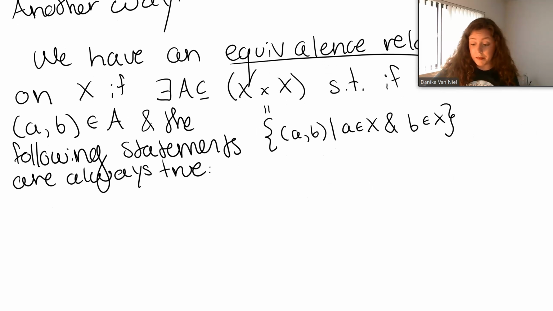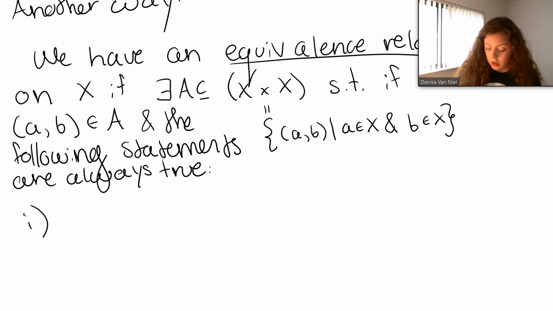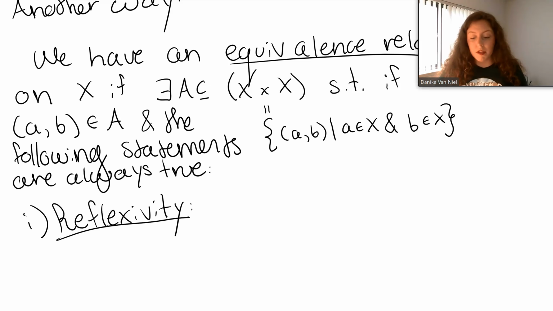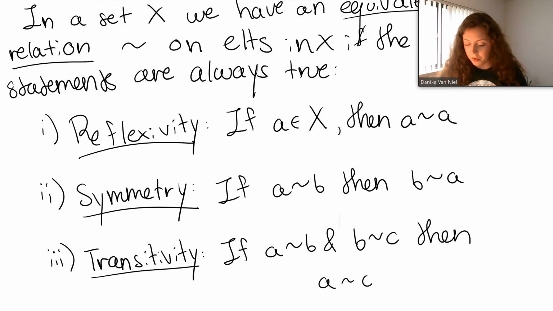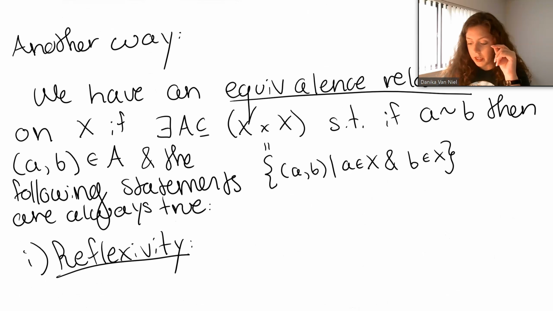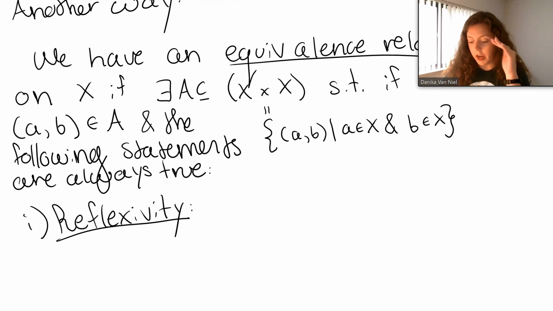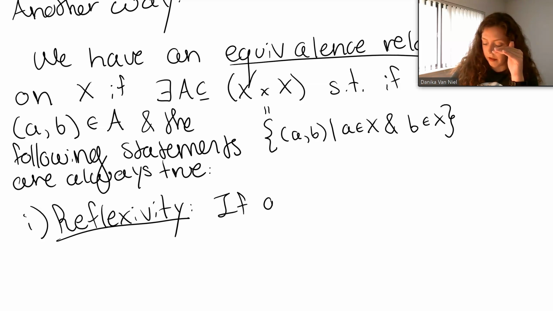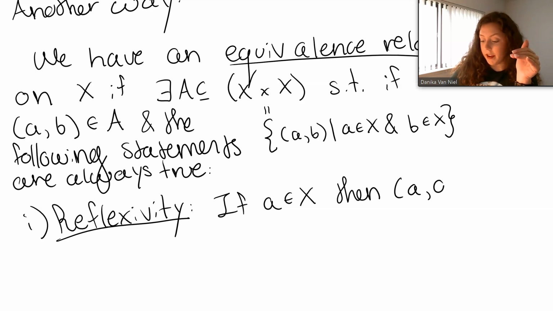We have the same deal again. We have reflexivity. Before we said if a is in X, then a twiddles itself. What is that in this kind of speak? Well, if a is an element in X, then the ordered pair (a, a) is in our set A.